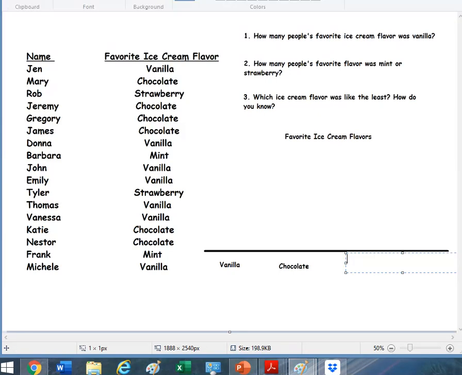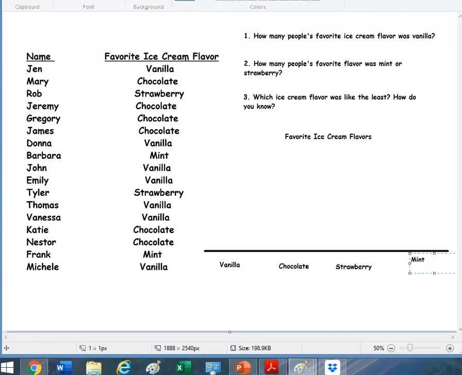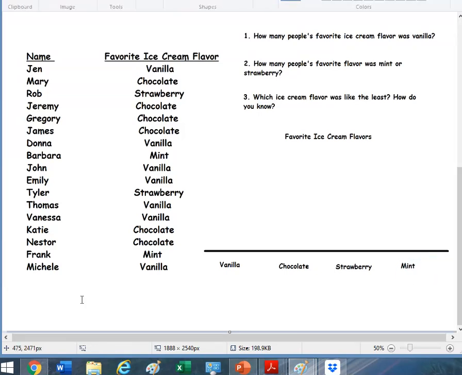Then we have strawberry. And then last but not least, mint. So notice I put a title on my graph so far, and now I am labeling the possible choices. So if these were ages like they were yesterday, those ages would go at the bottom.